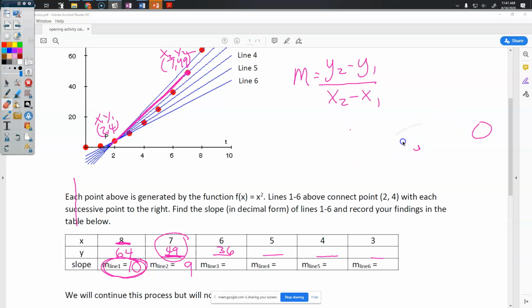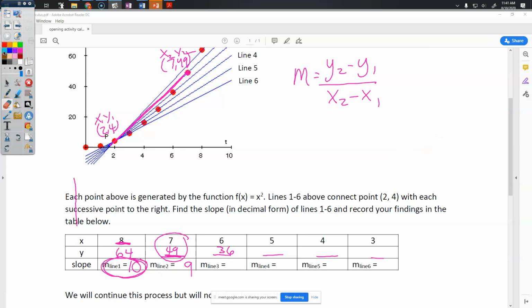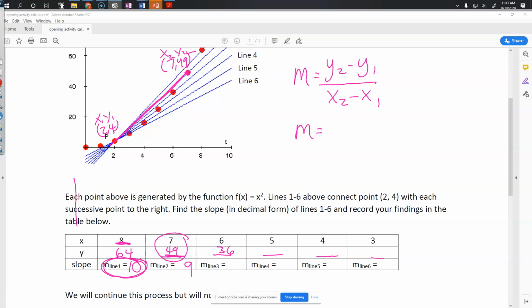So let's work it out and see where the 9 comes from. I've got my slope formula there, which is y2 minus y1 over x2 minus x1. So what's the y2 value? 49. Right there is 49. That's my y2. What's my y1?